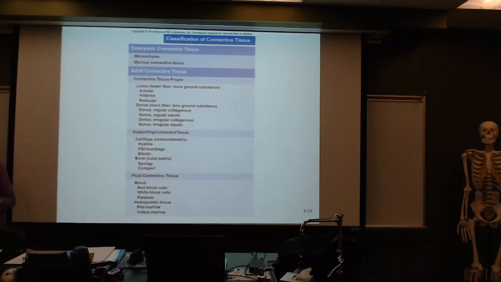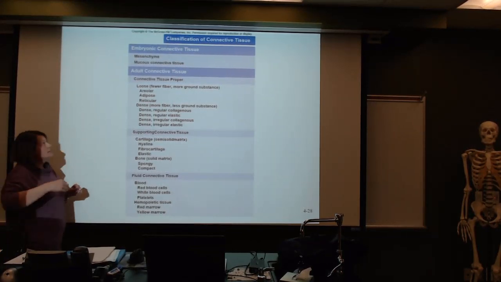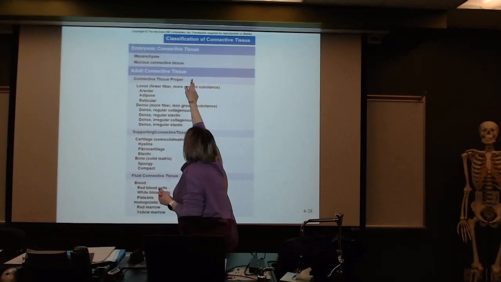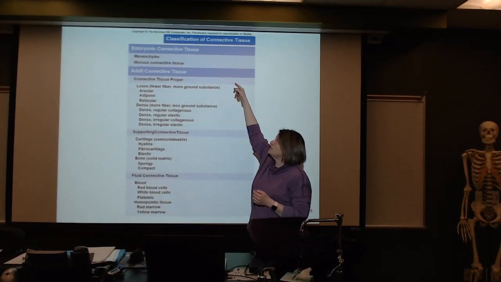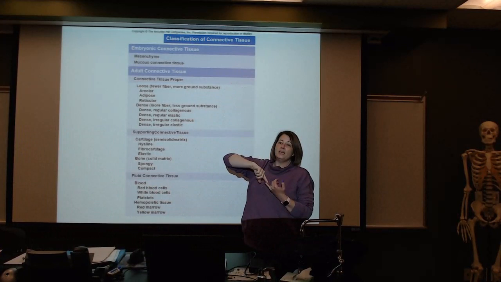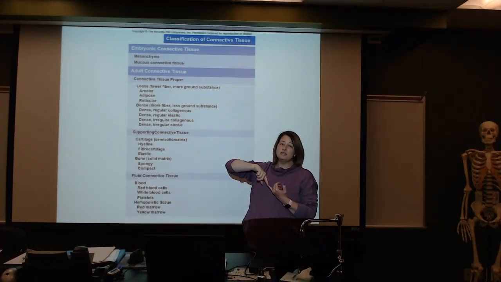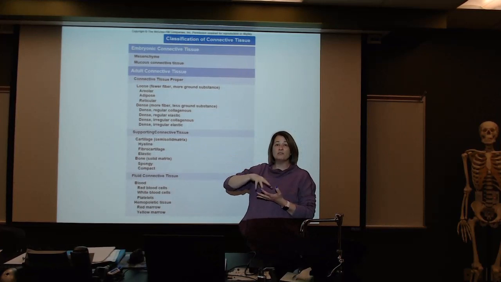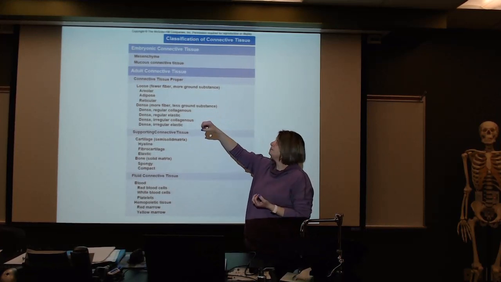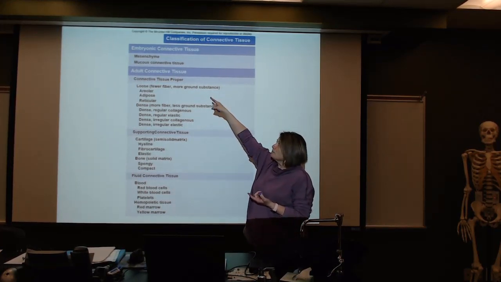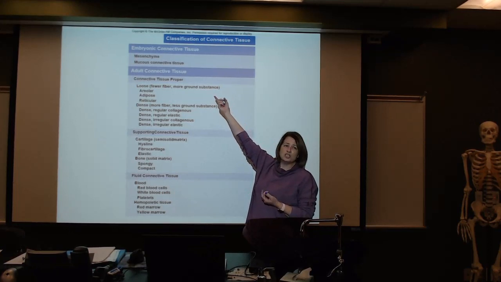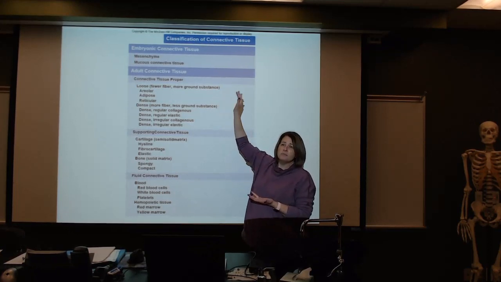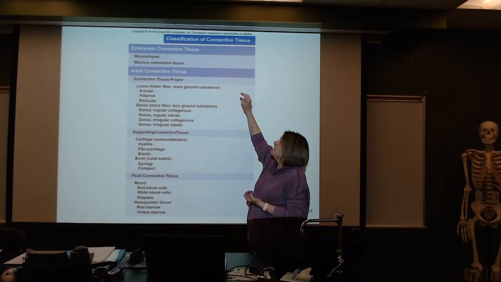This is how we're going to find this tissue in the body. We're going to see that embryonic connective tissue, the term they give it is mesenchyme. You'll see that in your textbook. This is what is going to help give rise to it in the body. Mucous connective tissues are from the embryonic development.